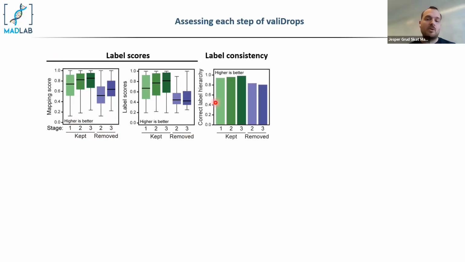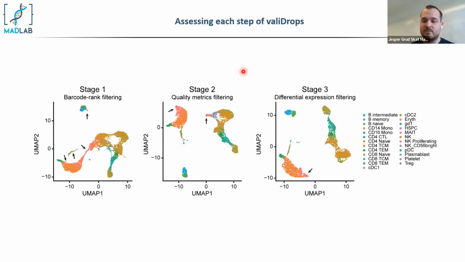We can also look at what we have termed label consistency, and I'll just go back one slide to explain what that is. So these labels come in different levels. For example, here we have 4 different types of CD4 T cells, but there's also a level in here where they're just called CD4 T cells, all of these 4 groups.